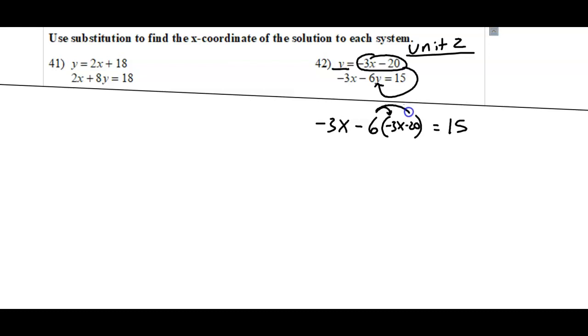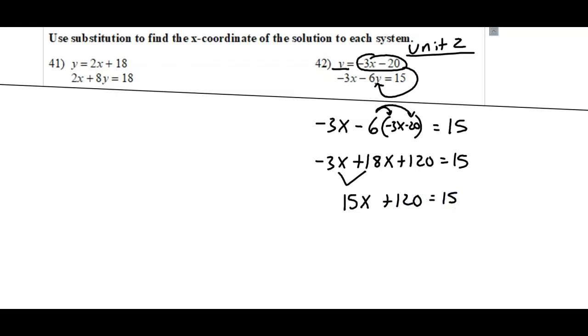We're going to go ahead and distribute here. And then we're going to solve. So these two combine to make 15x. And then we're going to subtract 120 on both sides.